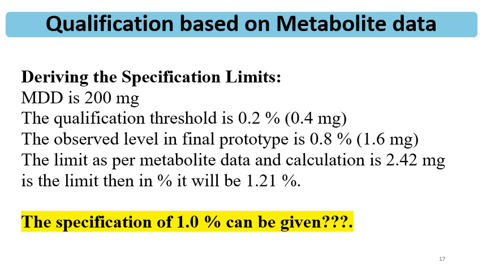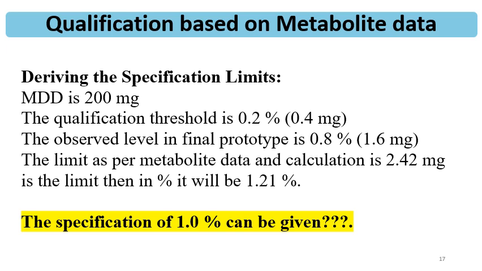Now the limit as per the metabolite data from literature and the clinical and preclinical studies in animals, we got a calculation of 2.42 mg and a limit of 1.21%, considering the 200 mg maximum daily dose. So now can we give a limit of 1%, as 1% will give a 2 mg limit, and as per the calculation we have a limit of 2.42 mg.